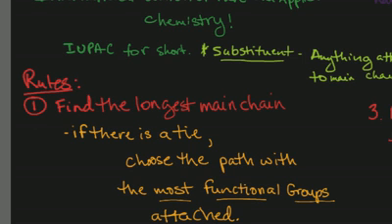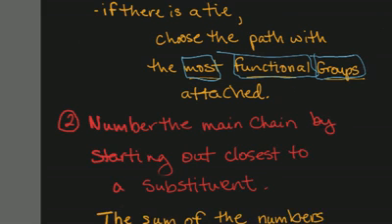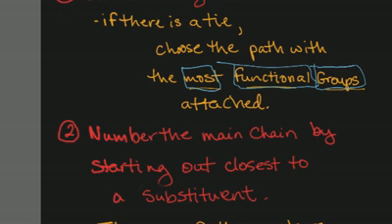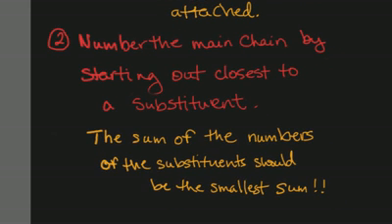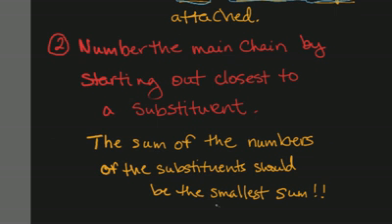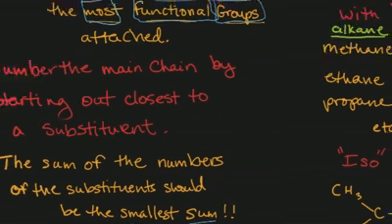Let's overemphasize that: the most functional groups. And then when you're numbering, start with the end that is closest to a substituent. If you did it correctly, your sum of all the numerical prefixes should be the smallest possible sum.